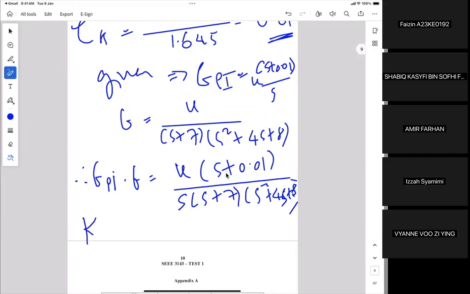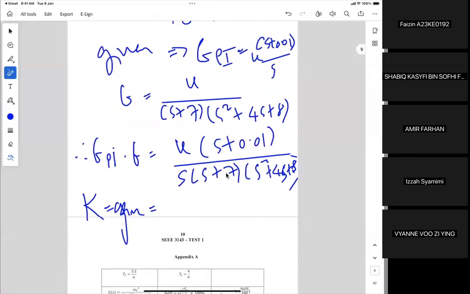How to find K, the new gain? Magnitude. How is the magnitude done?